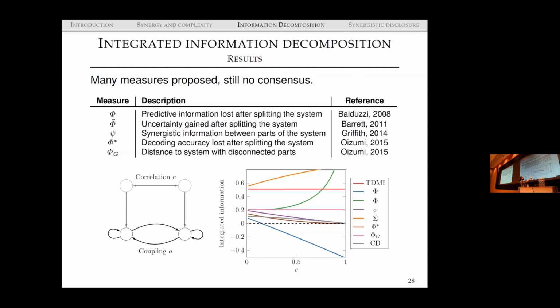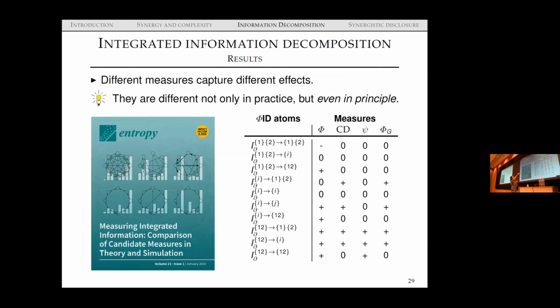Another problem that has been pointed out is that if you look at this phi Holman sum, it can sometimes be negative. And that's tricky, right? Because if you come at this from an IIT point of view of wanting to see how integrated the system is, what does negative integration mean? That's certainly not desirable. So what you can do with phi-ID is you can get a bunch of these measures, and ask which of these atoms they are actually capturing.